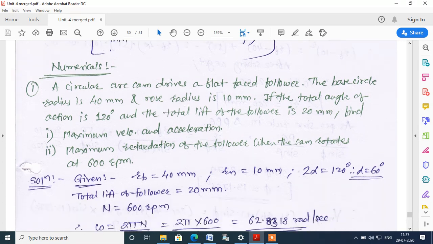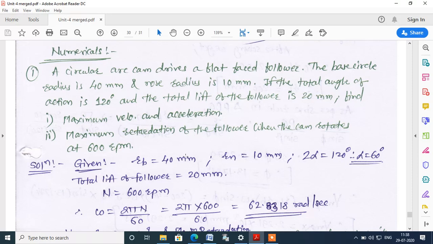So the numerical is given. I already told you, students, read the numerical 2 times, write down the given data and understand what is asked. And accordingly, we have to solve step by step. So after reading this numerical, we observe that a circular arc cam is there with a flat face follower.